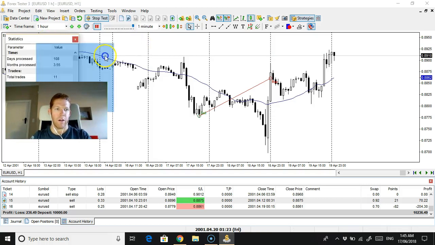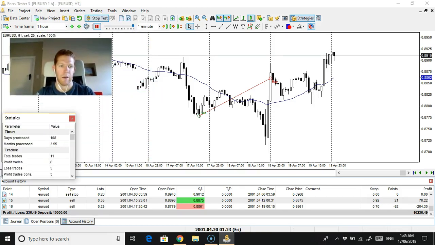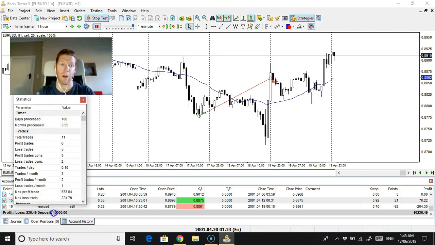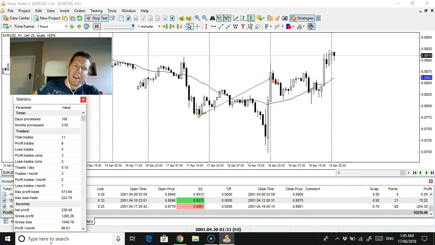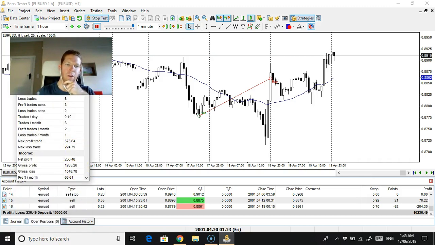All right, so it's only been 3 months or so. Now you got to remember it is the 1 hour. Normally on a 4 hour I'll go to 10 years. So it's 4 candles to one 4 hour candle. So I might go 2 to 3 years and see what's going on with the Euro US dollar here.